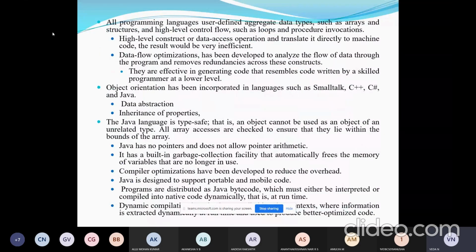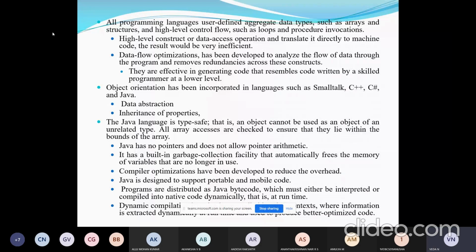Now, moving on with the same high-level languages, there are a lot of programming languages which have aggregate data types. Aggregate data types means they support arrays, structures, and many high-level control flows such as loops and procedures, and all of these concepts are familiar to you. When all these high-level constructs or data access operations are translated directly to machine code, the result would be very inefficient.